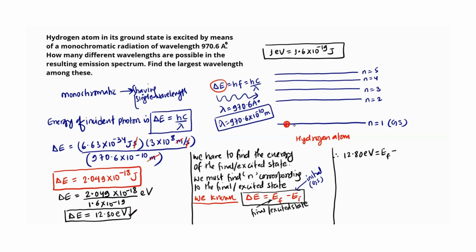And what is the energy of the ground state of the hydrogen atom? We know the energy of the ground state of the hydrogen atom is minus 13.6 electron volt. So we have this. Now let us do the calculation.